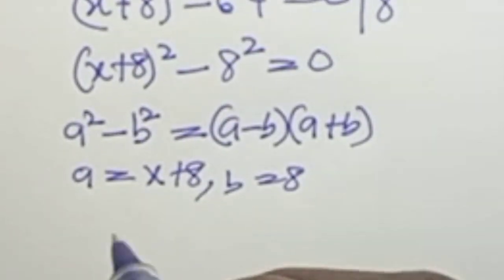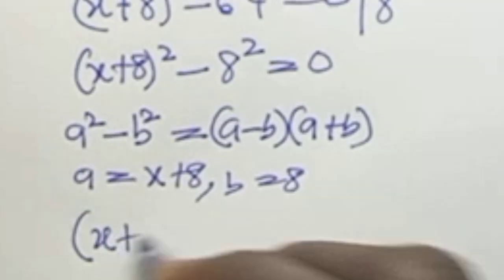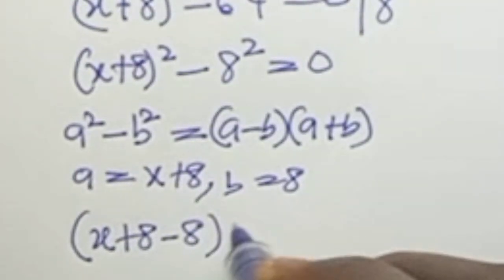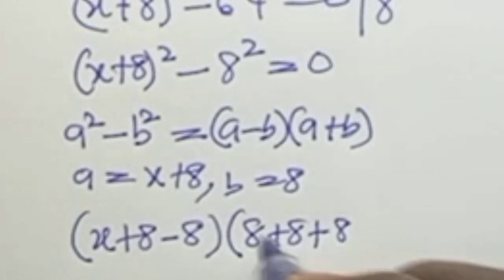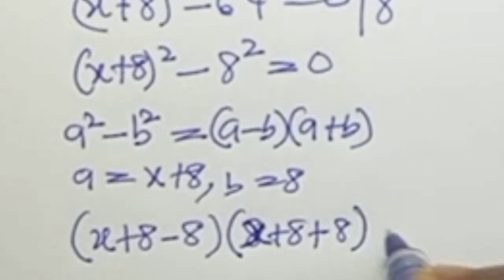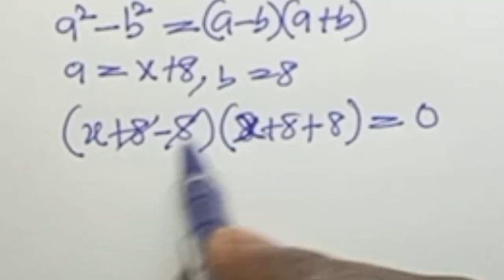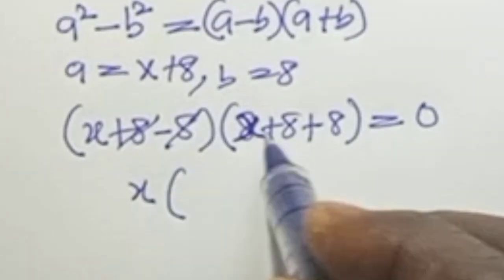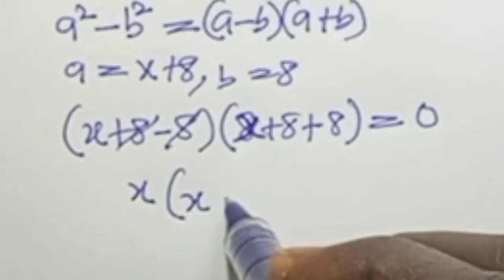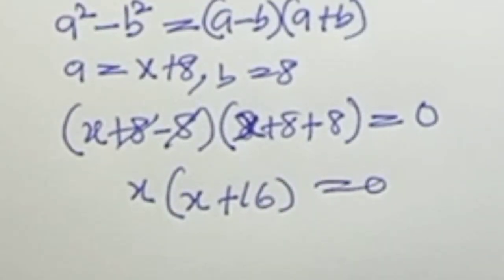So the next line becomes (x + 8 − 8)(x + 8 + 8) = 0. This is x(x + 16) = 0. The 8 would cancel out, since +8 − 8 is equal to 0, and what is left is x into (x + 16), all equal to 0.